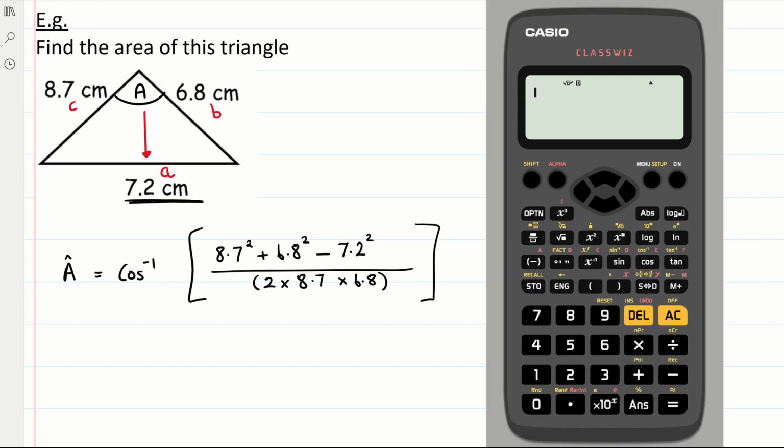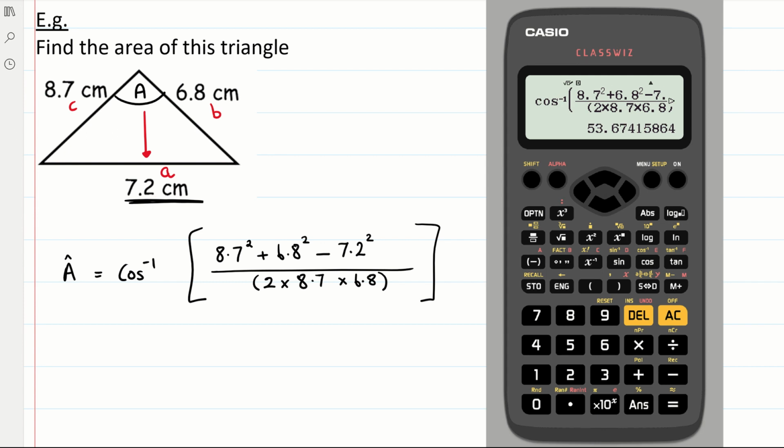So on my calculator, shift cos, fraction, 8.7 squared plus 6.8 squared minus 7.2 squared, and that is over 2 times 8.7 times 6.8. Close brackets, use my arrows, close big brackets. Equals. So that gives me an angle.